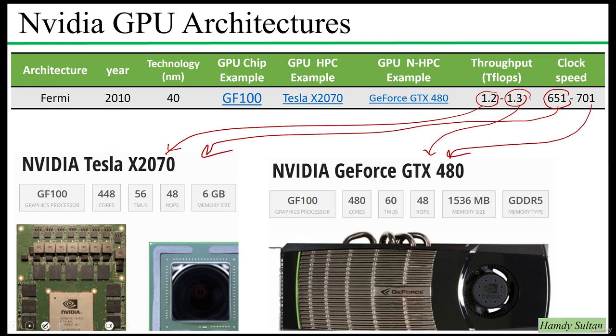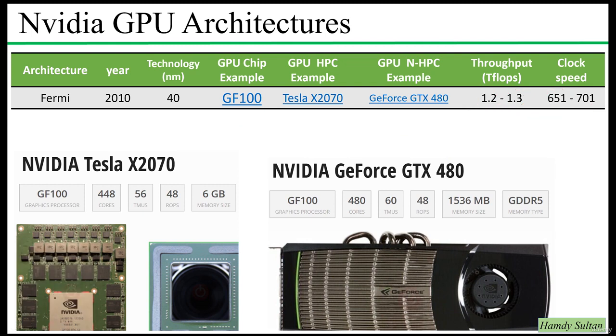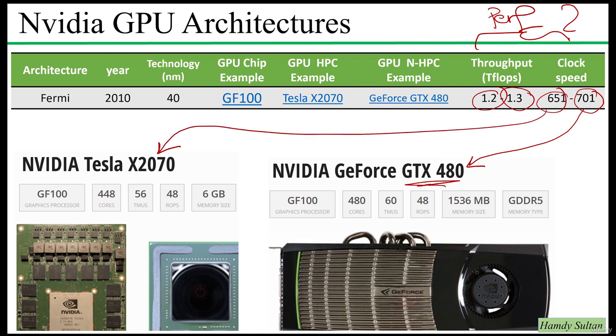Now, if you focus on these numbers, the performance metrics numbers, you might question why the GTX 480, which is designed for regular users, exhibits superior performance compared to the X2070 GPU. For example, the GTX 480 has a clock speed of 700, while the X2070 GPU stands at only 651.